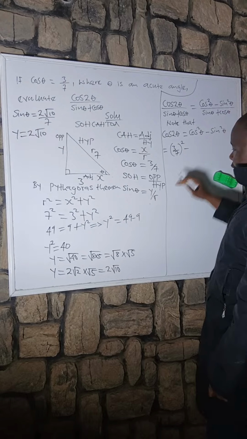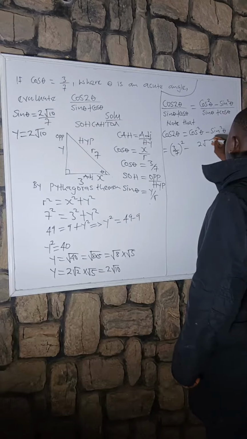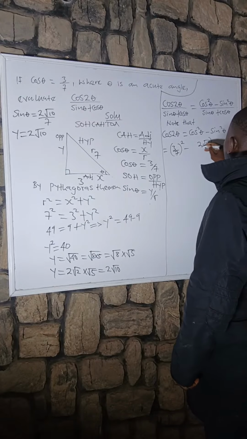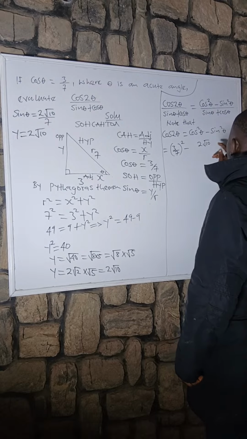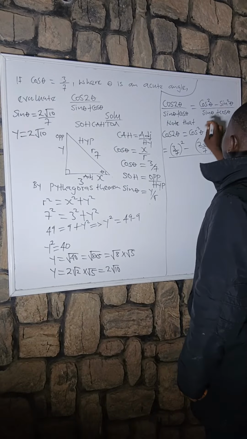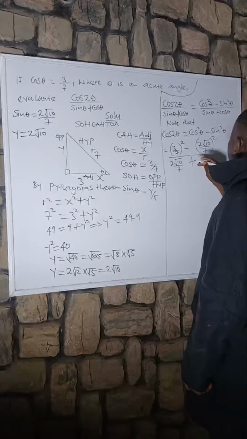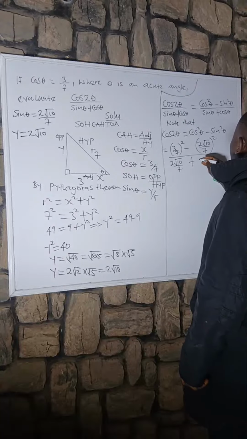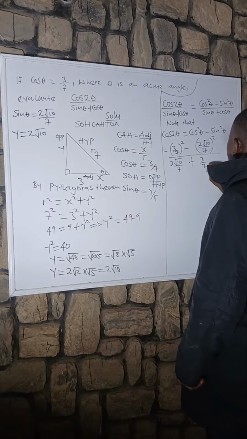what is sine theta? Sine theta is 2 root 10 all over 7 all in square, then all over sine theta 2 root 10 plus 7.